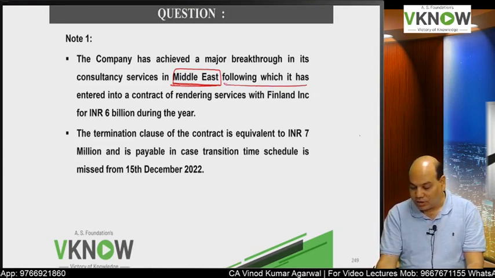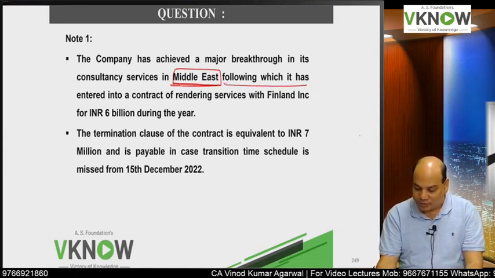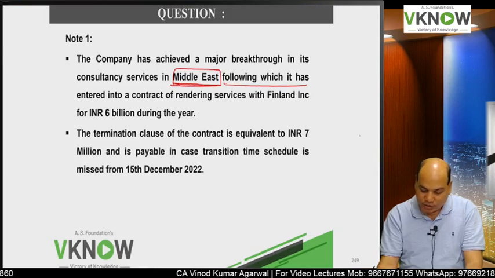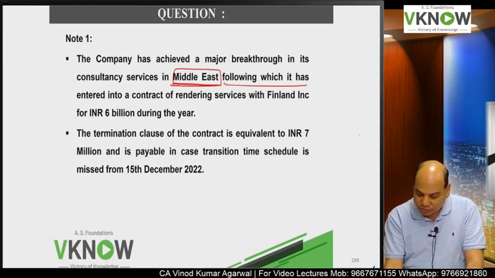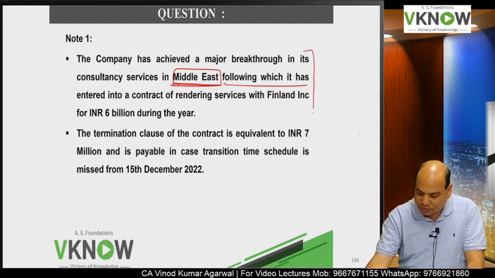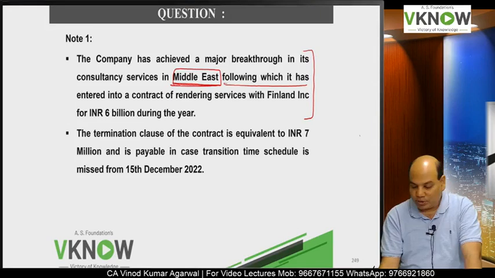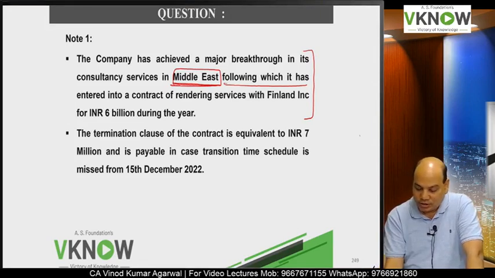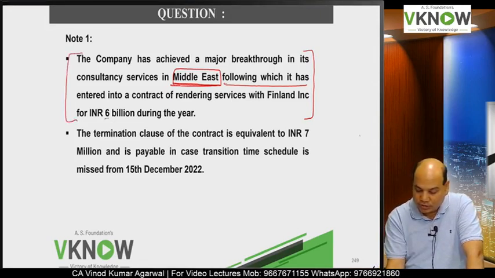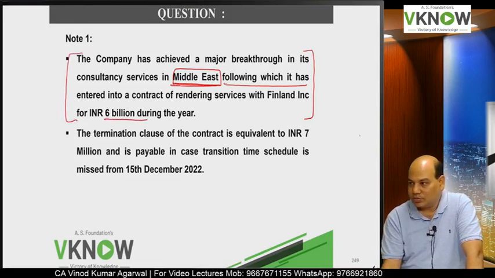Following which it has entered into a contract of rendering service with Finland Inc. for INR 6 billion during the year. So this is just information that they have entered into a contract to render service to a company called Finland Inc., and the value of this contract is 6 billion rupees. Does it make any difference?